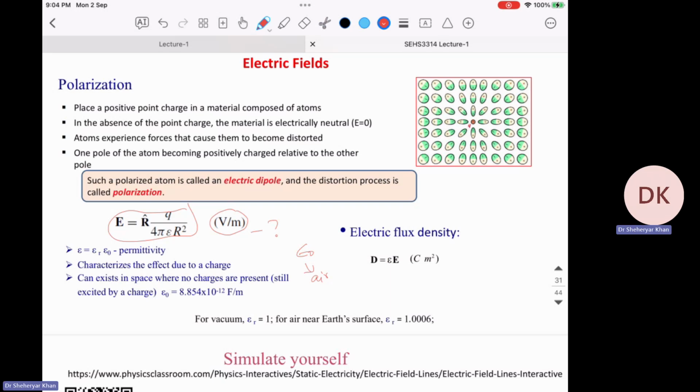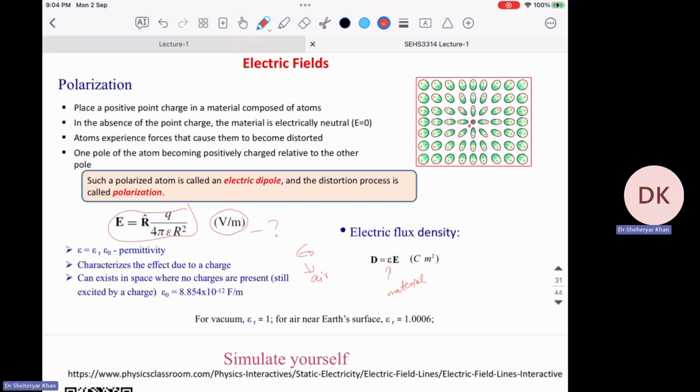Understand? So in order to make it specific rather than generic, we use D, flux density. So you use the material here, put the constant of the material and multiply with the electric field, you get the flux density, right? Because the flux density is now more specific to the material as well. Okay, so we use D. So these are the pair: electric field, flux density, and epsilon.